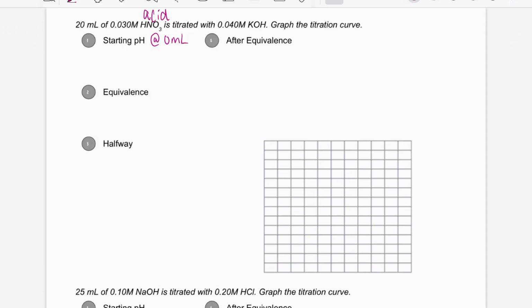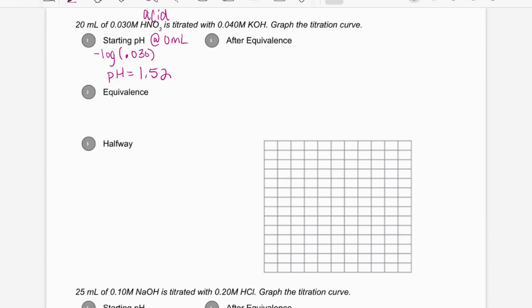For our starting pH, I'm going to take the negative log of the concentration. Since it's a strong acid, I know it's going to dissociate completely, and I am going to get a pH of 1.52. I have 2 sig figs, so I'm going to have 2 decimal places for my pH. That's my first point that I will make on my graph.